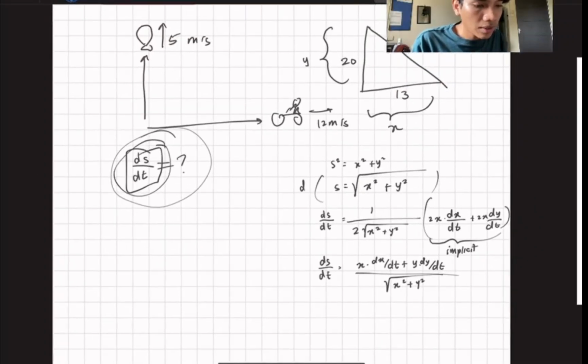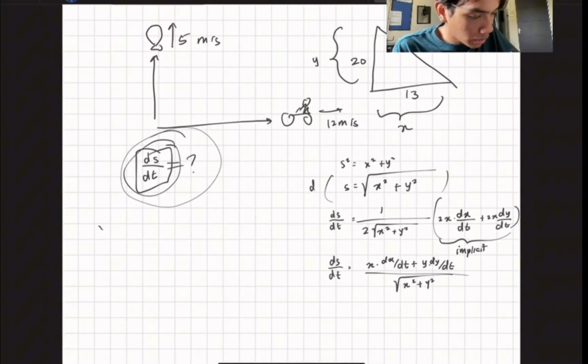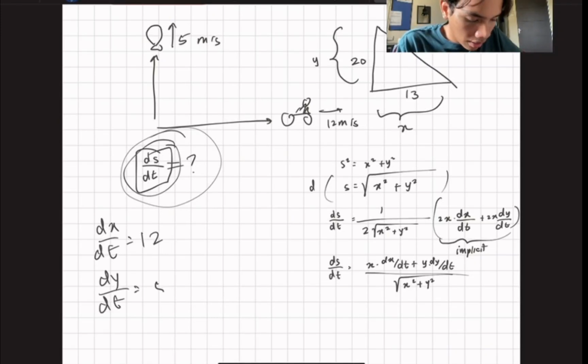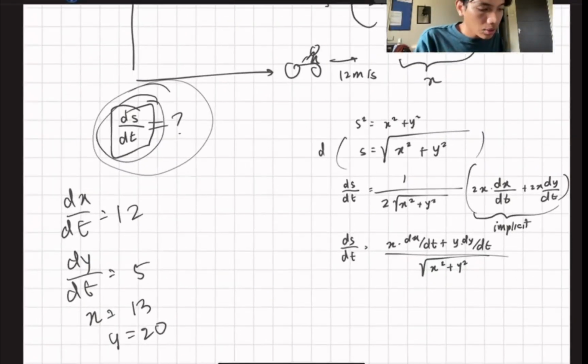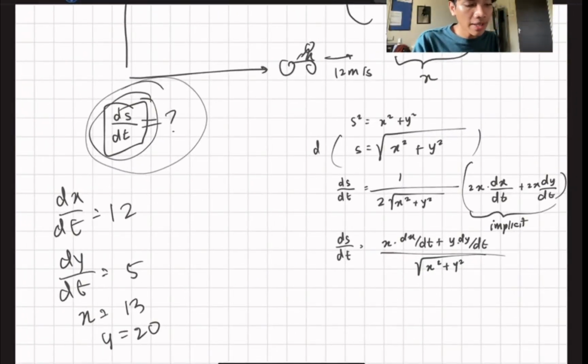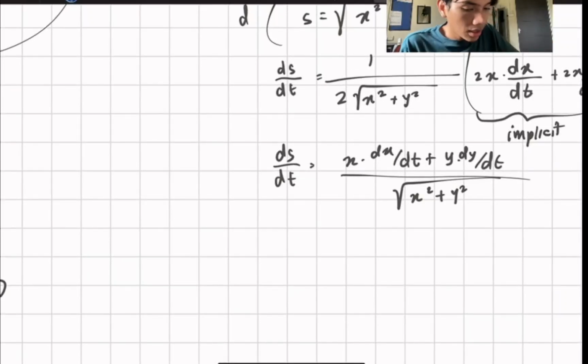Now we have all the values. So dx/dt is 12 and dy/dt is 5, x equals 13 and y equals 20. Alright, so we just insert the values into the equation.